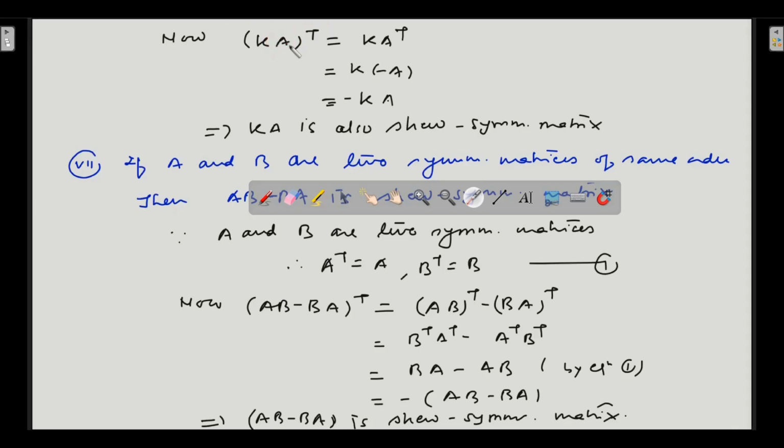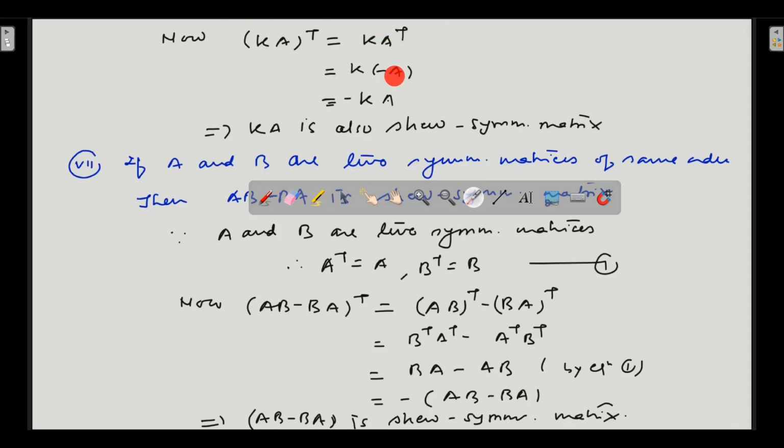If we multiply A by k and take its transpose, then it is equal to multiplying the constant by A transpose. So (kA) transpose is equal to k times A transpose.